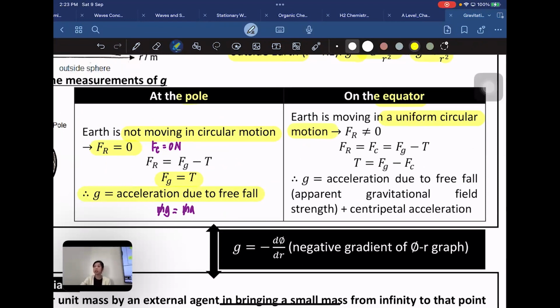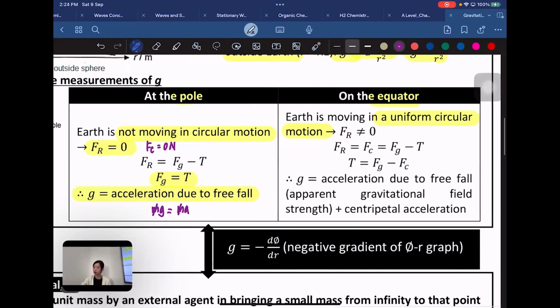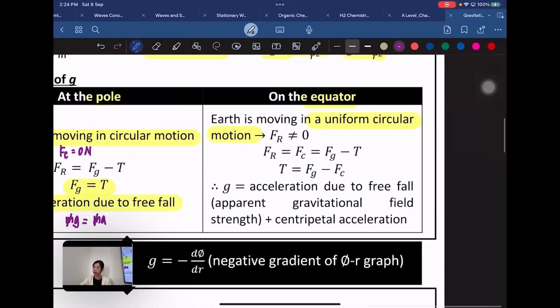And as such, there is a centripetal force. We cannot say the resultant force is 0. So if there is a centripetal force, what does that mean? If you look at the diagram, that means my weight is greater than my tension in order to produce a centripetal force towards the center, correct? So therefore, my weight will be greater than my tension, whereby my centripetal force is weight minus tension.